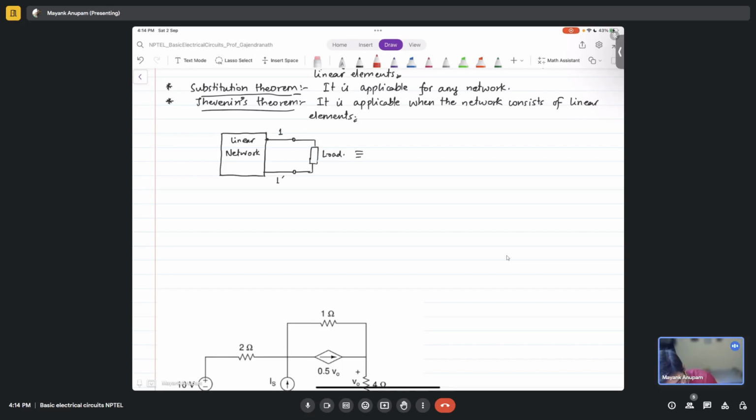What do I mean by terminal characteristic? Everything on this side of the network can be replaced with what?